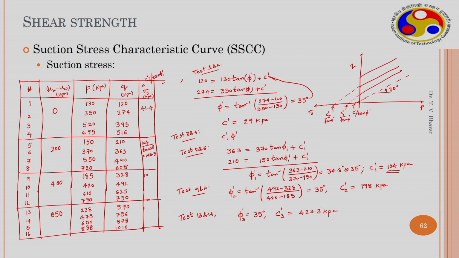So, this data is 198 by tan 35. This is equal to 282.8 kilopascal, and similarly for the last set of data, the cohesion intercept is 423.3 by tan 35. This is 604 kilopascal.